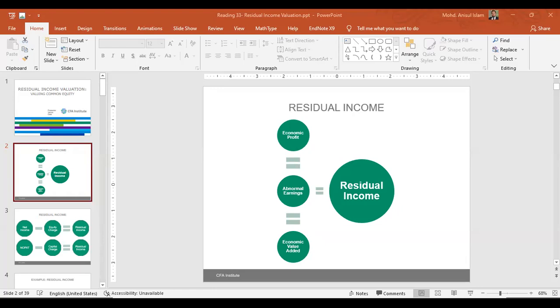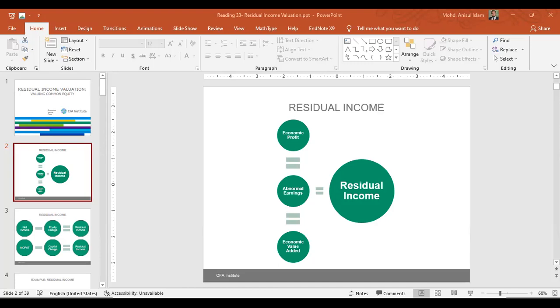Some firms may engage in accelerating sales by taking aggressive policies. So they may be able to generate higher sales, but it does not guarantee that these sales will be translated to higher earnings or higher cash flow later. For that reason, sales becomes less useful for valuing the stock of a company.